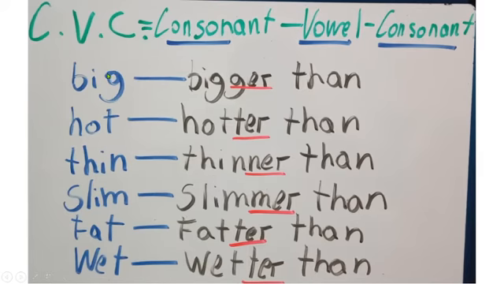If we use all of them, we have to repeat the last consonant plus er, because big: b is a consonant, i is the vowel, and g is a consonant. If your adjective follows this order at the end, we have to repeat the last consonant plus er plus than. For example, bigger than, hotter than, thinner than, slimmer than, fatter than, and wetter than.